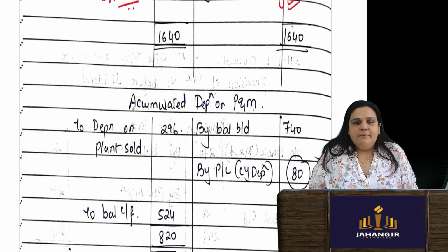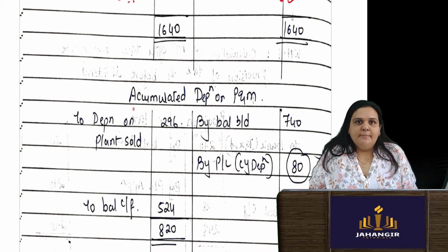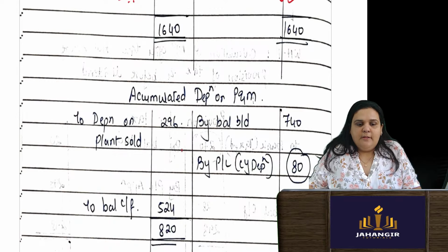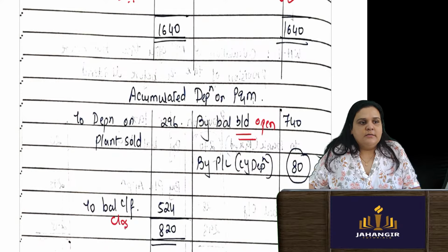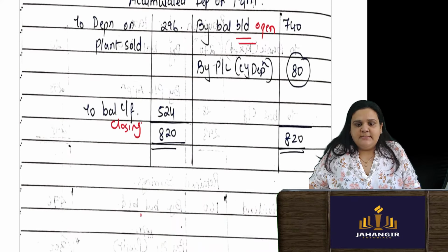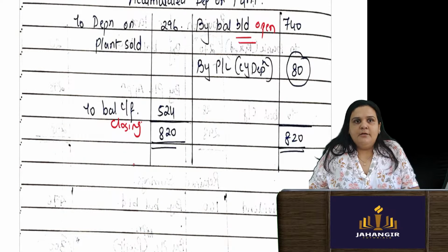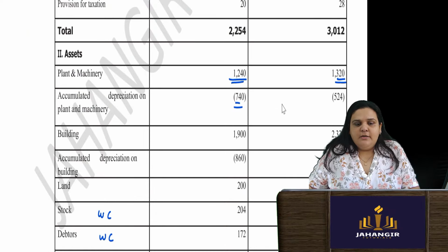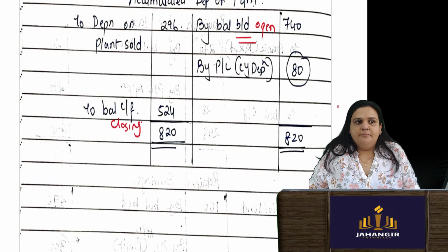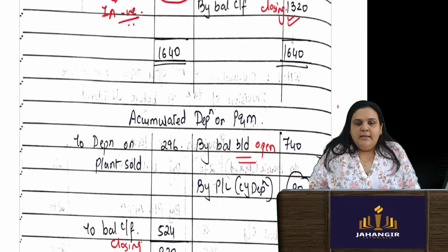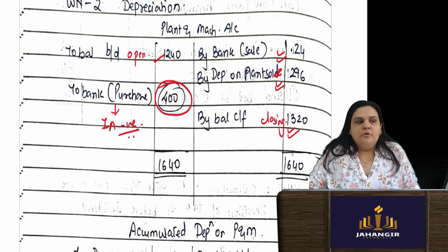Since I'm doing my plant and machinery, I'll do accumulated depreciation on my plant and machinery. By balance brought down, opening, to balance carried forward, closing. Depreciation is an expense. Credit the opening, debit the closing, right? 740 and 524. Then I did one depreciation over here in the plant.